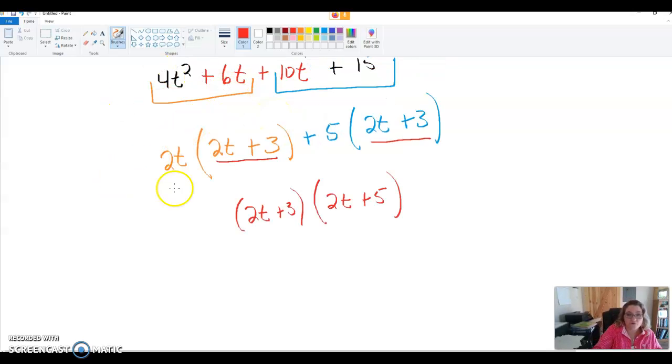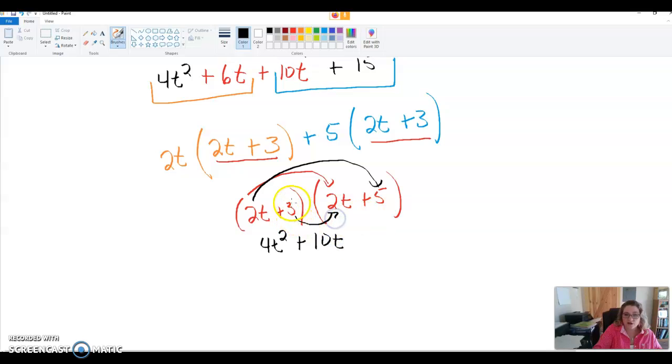If I FOIL, so first, 2t times 2t is going to give me a 4t squared. My rainbow, plus 2t times 5 gives me a 10t. Then my smiley face, 3 times 2t gives me a plus 6t.